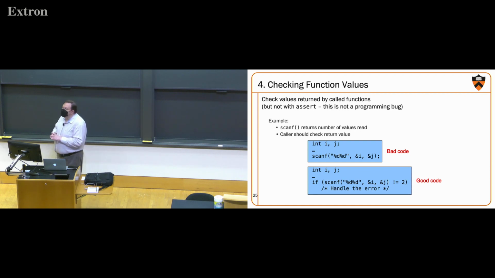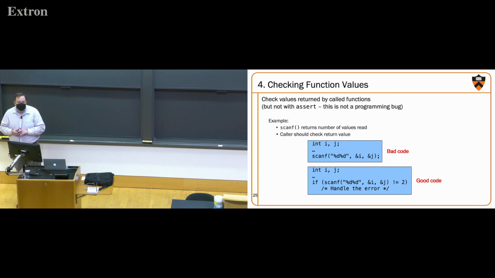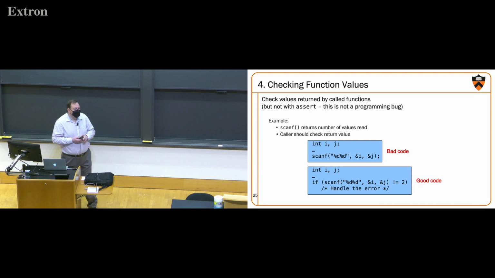Still another thing you want to check is certain common outputs of functions. For example, scanf. If you want to read two integers, maybe the user didn't type two integers, you want to check them.